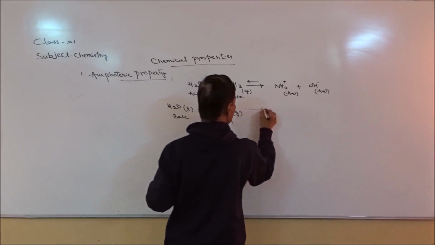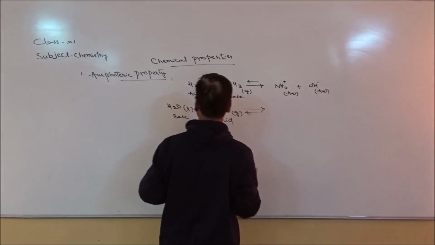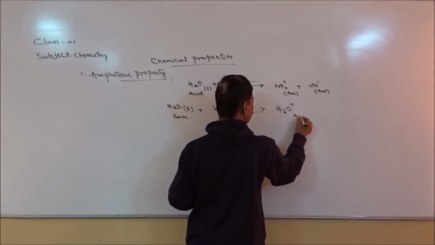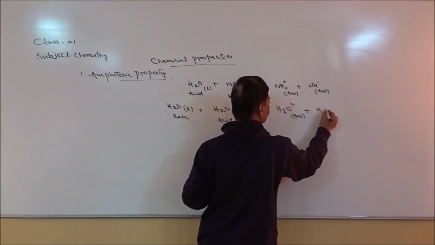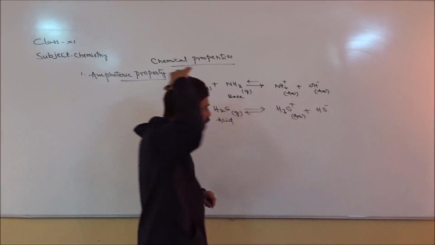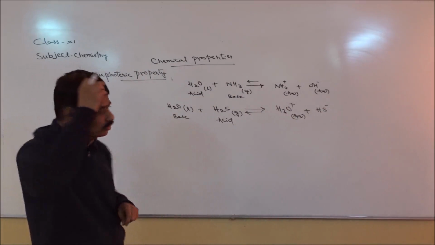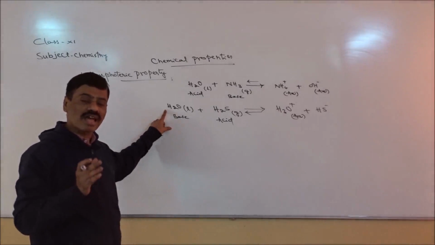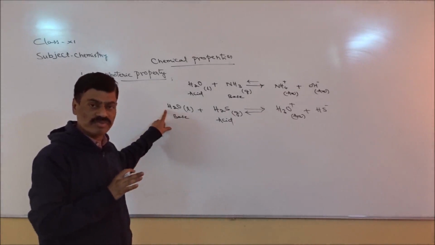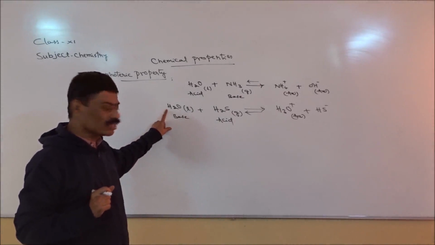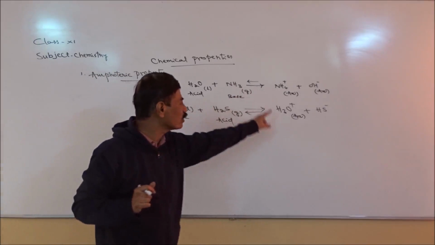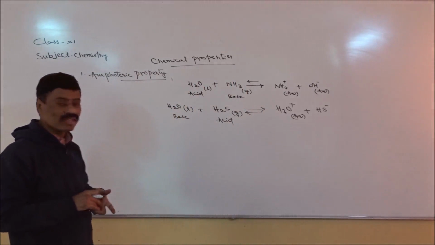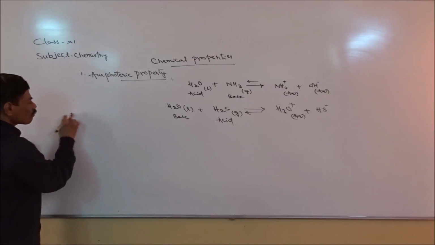When these two react with each other, we will get hydronium ion in aqueous form and HS minus ion, hydrogen sulfide mononegative ion. And here H2O is said to be base because it is capable of accepting a proton. So proton acceptor is base. After accepting a proton from hydrogen sulfide, it has become hydronium ion. This is one property, that is amphoteric property.